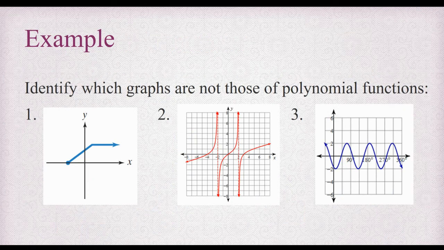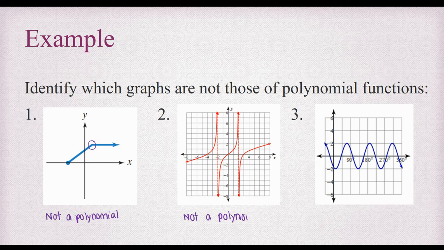All right, so we're going to identify which one of these graphs are not polynomial functions. So if I look at number 1, hopefully we notice that there's kind of this sharp curve right here. So this means that it is not a polynomial. If I look at the second picture, I see that there are 3 different portions to this graph and they're being broken up. So anything that's broken up means that it is not a polynomial.